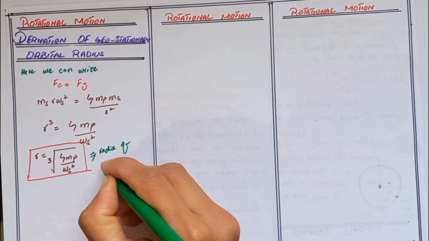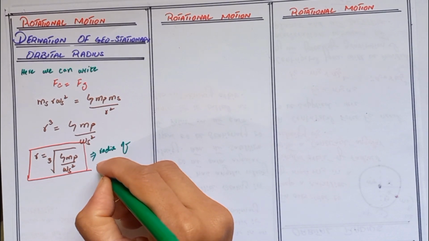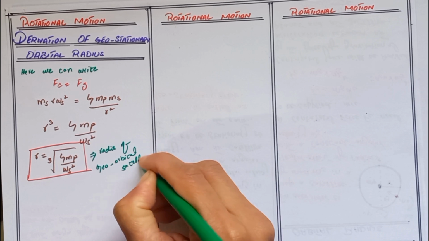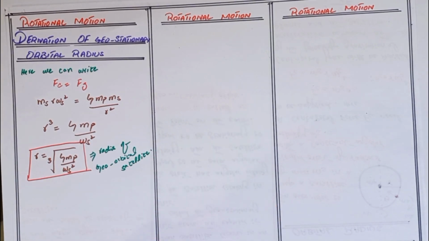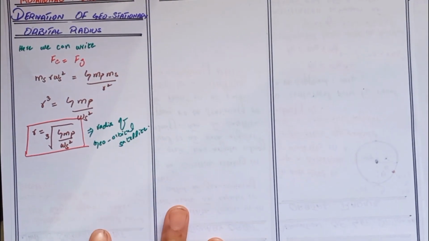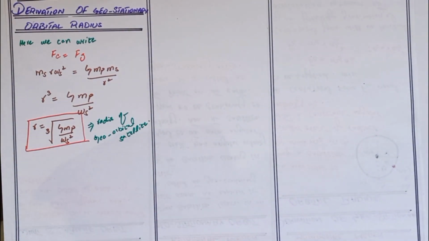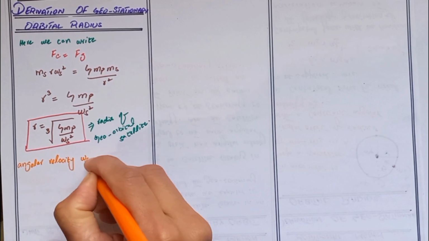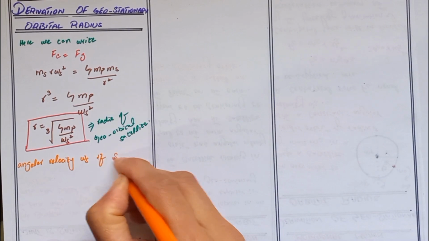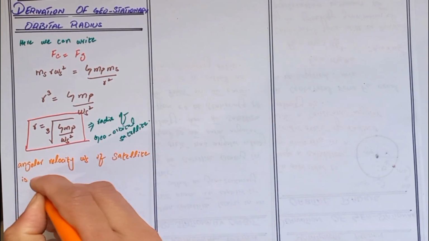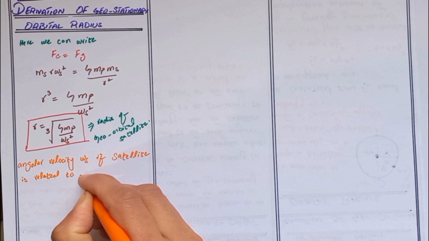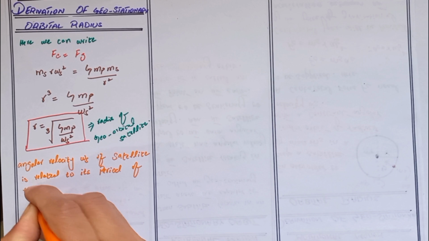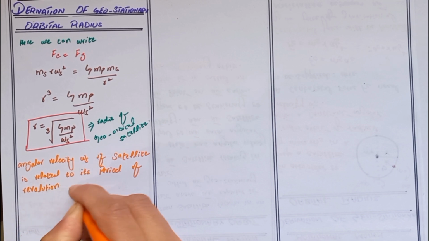Radius of the geostationary orbit. It can be written in terms of angular velocity: the angular velocity omega s of the satellite is related to its period of revolution Ts.